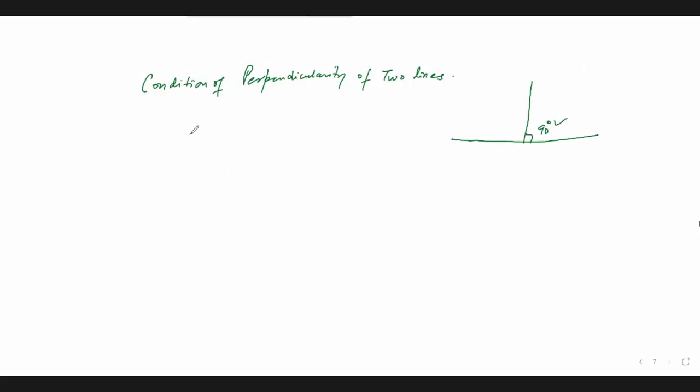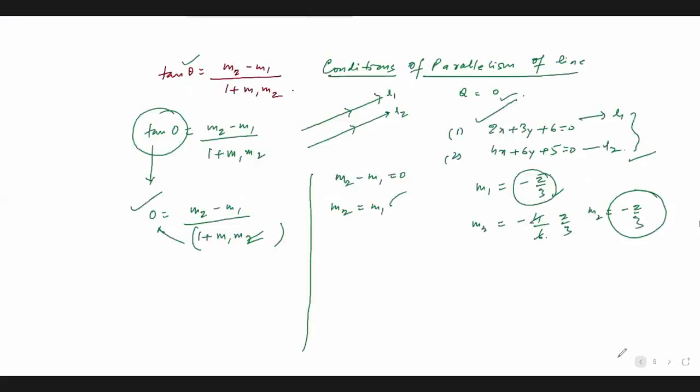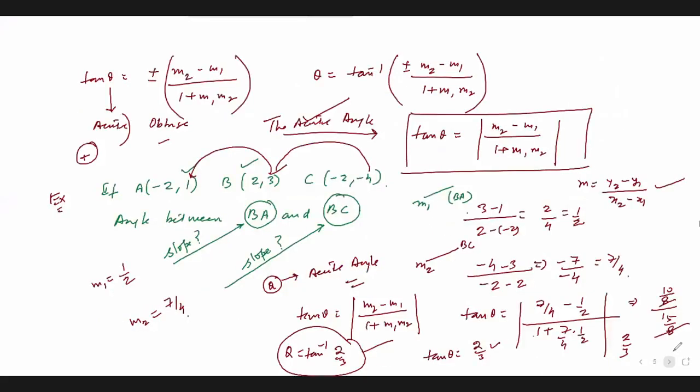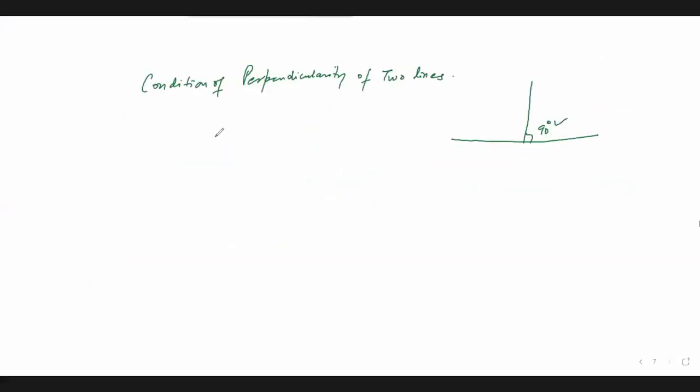As we have seen in this figure, if I go back here, what identity have I used? I have used theta 2 is equal to theta 1 plus theta, and my theta is now 90. So theta 2 minus theta 1 is equal to 90.